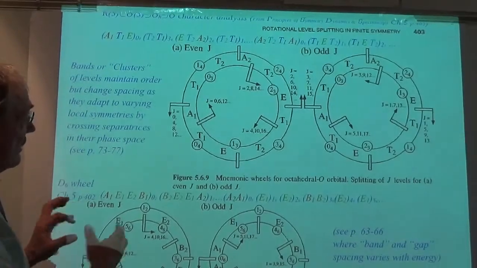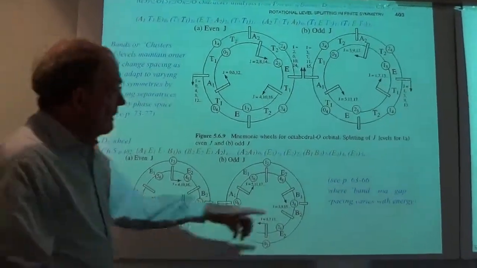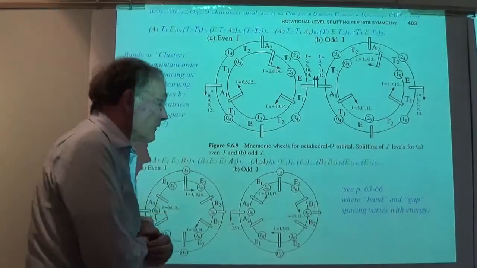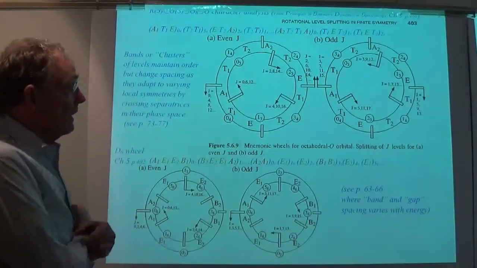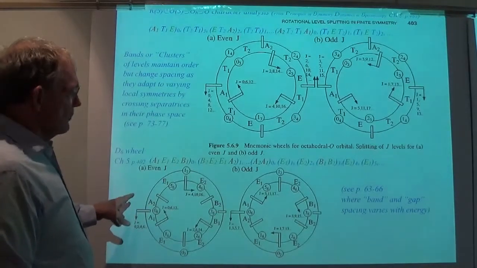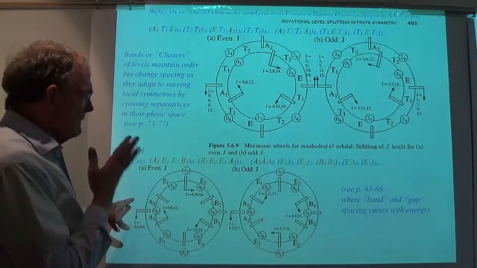This is the D6 structure that we saw on page 63 and 66 of this particular lecture. I think is where that is. I'm now just realizing I maybe gave the wrong one.